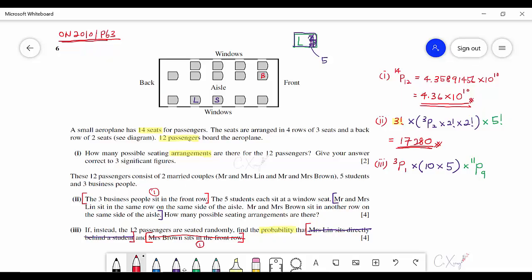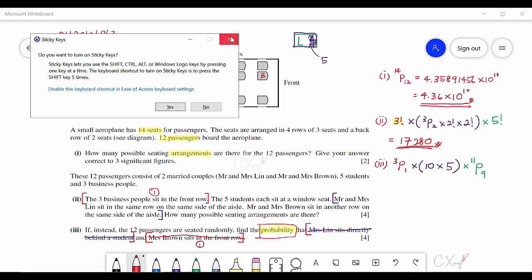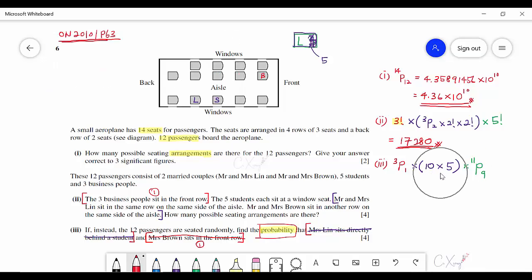Because this question asks for probability, this is the number of arrangements, therefore you need to divide it by the total arrangements without restriction, which is the answer in part 1. It will be 14P12.